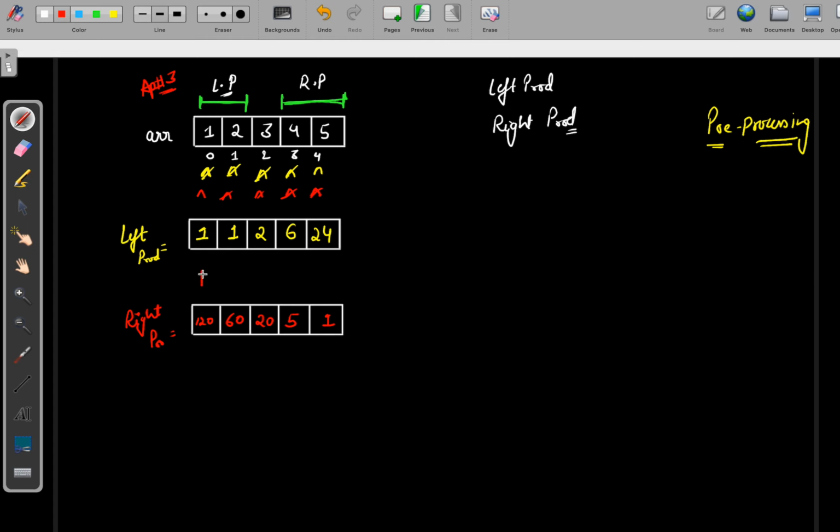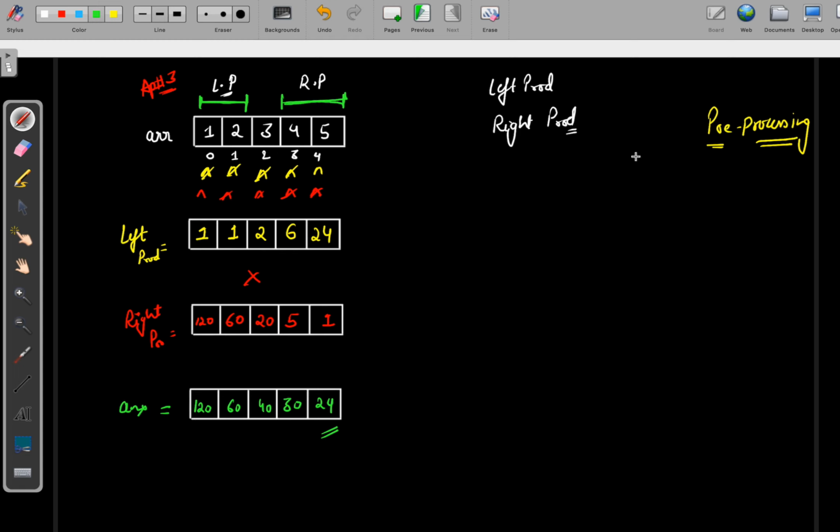This is the answer. My answer will be the multiplication of these. So 1 into 120, 120; 1 into 60, 60; 2 into 20, 40; 6 into 5, 30; and 24 into 1, 24. That will be your answer.